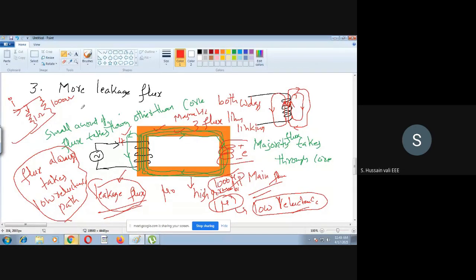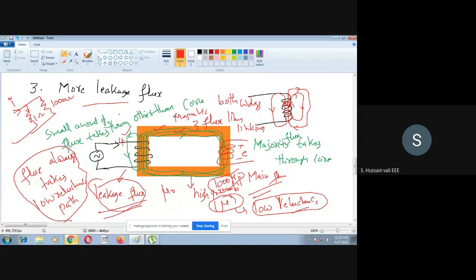In the magnetic core case, the flux has two paths, the core or the air, but the majority goes through the magnetic core. As the majority travels through the core, that flux will link the secondary winding also. That is the advantage.